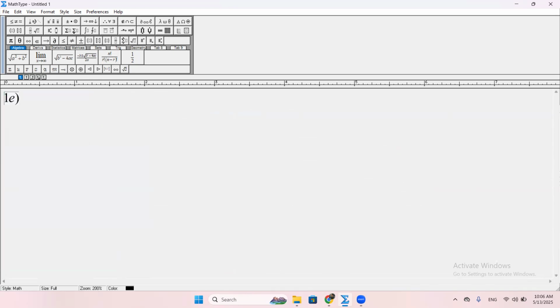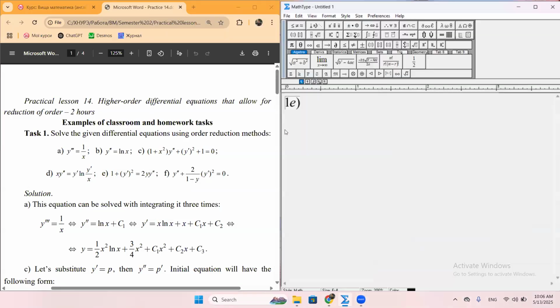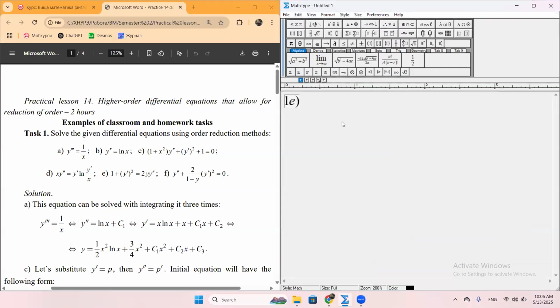So 1e: 1 plus y prime squared equals 2y y double prime.